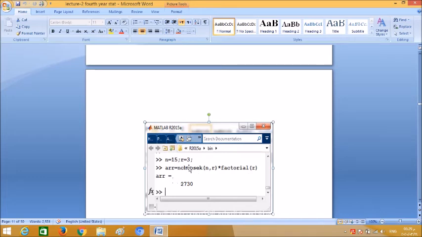So also you can use the function n choose k and factorial as you see.